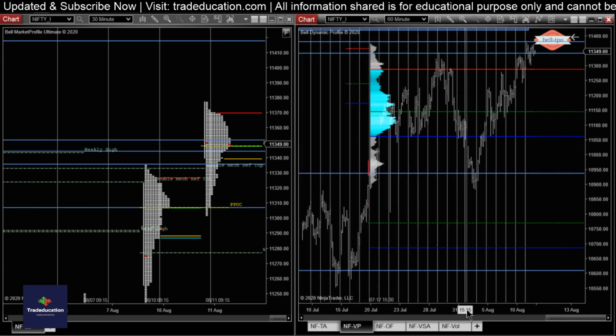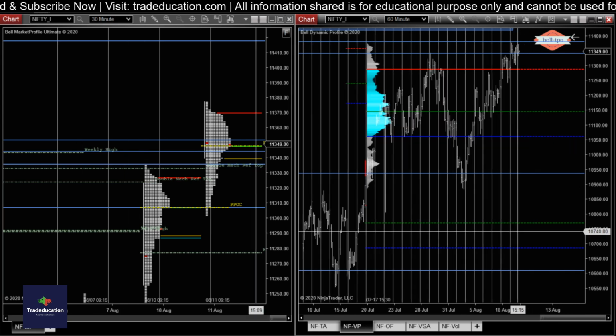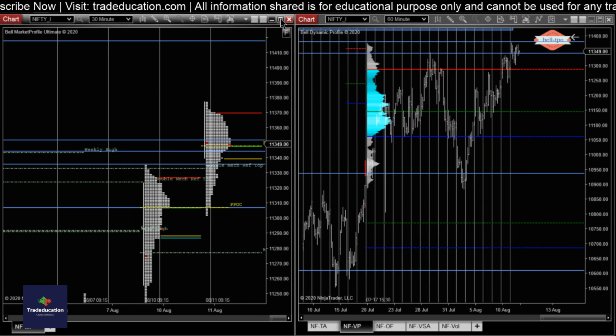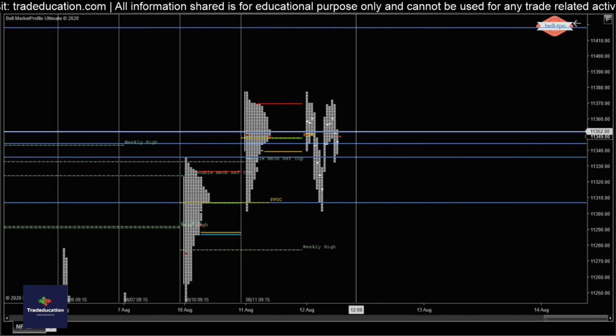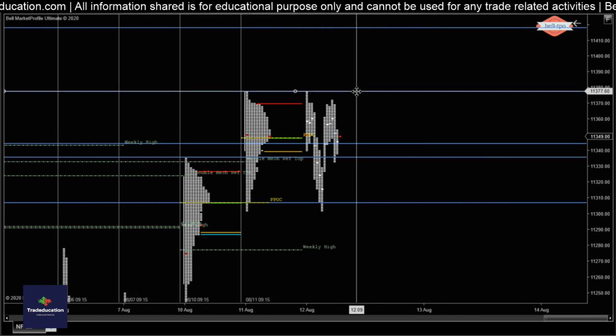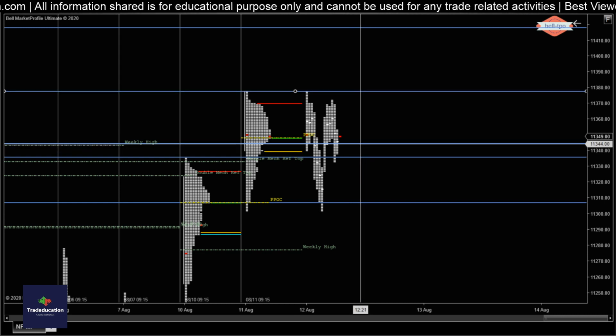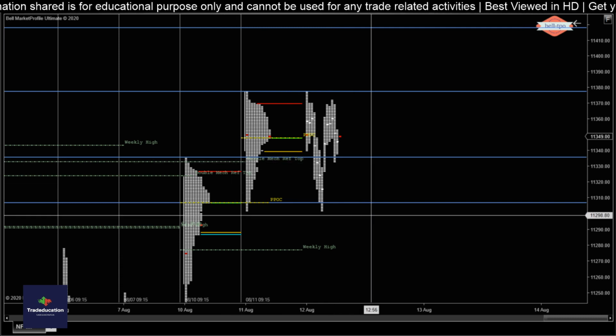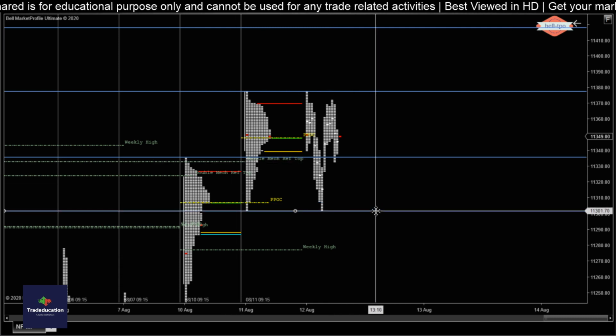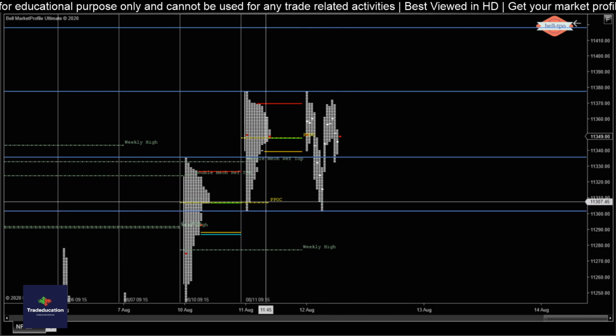Let me minimize this. So this is from the high level perspective, and now let me jump to the market profile chart. Now let me mark the references. The reference is the high of yesterday. We have a peacock. Then we have the low of yesterday, and here is exactly where the auction came in and just reversed.